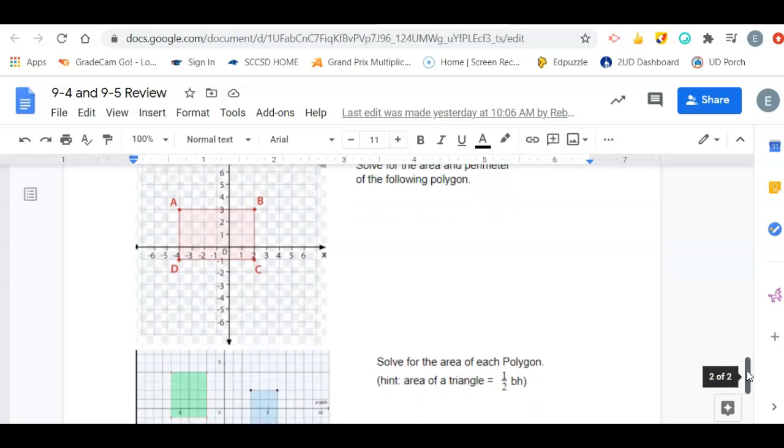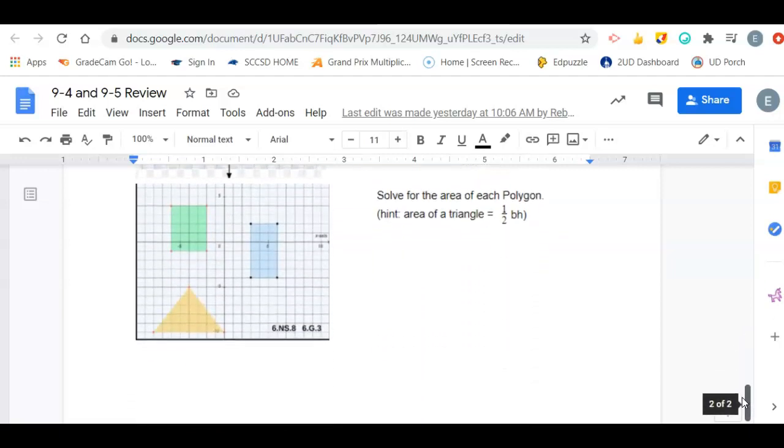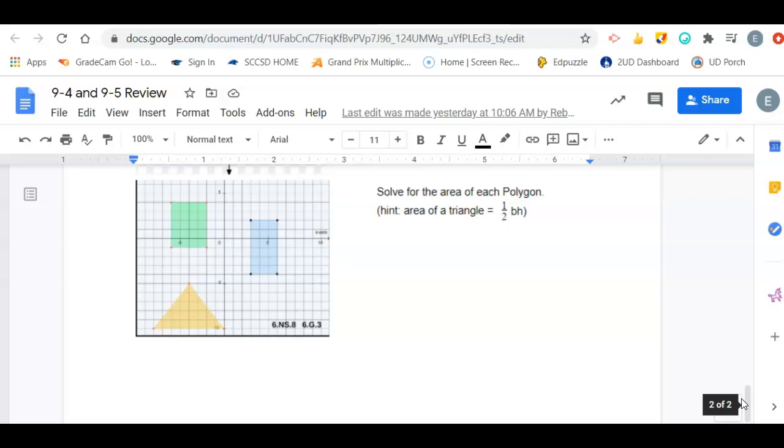Does anyone remember, I told this to you yesterday, the formula for a triangle? What is it? Okay, close. Yep. We don't use length and width for triangles, we use base and height. So you can use base times height divided by 2, or what else could you use?